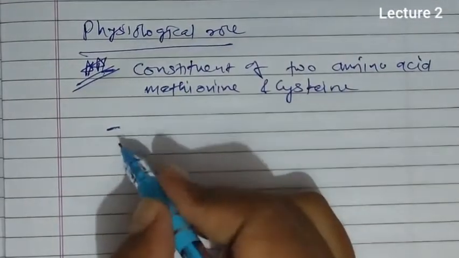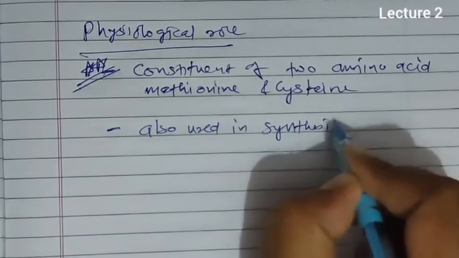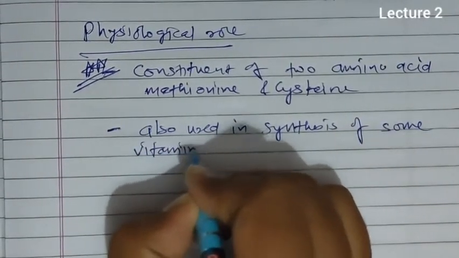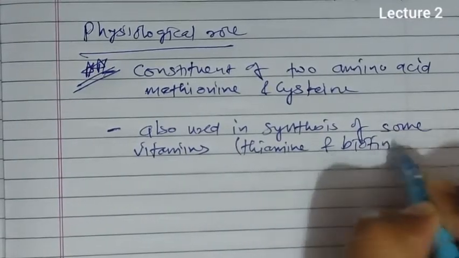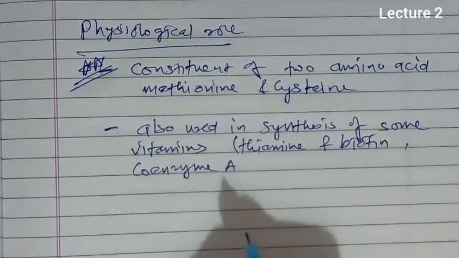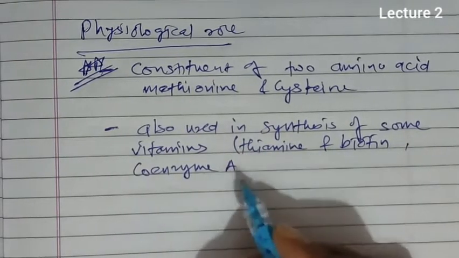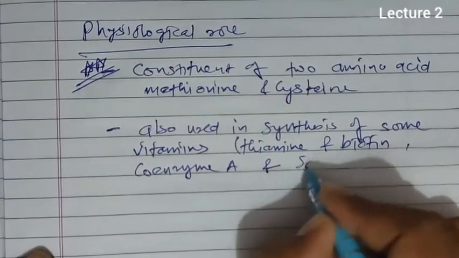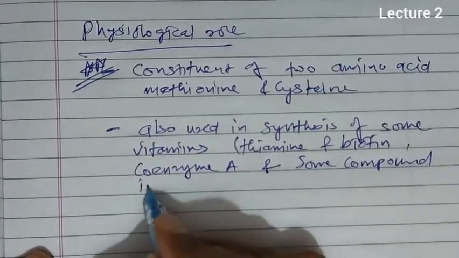Second important point is that it is also used in synthesis of some vitamins, that is thiamine and biotin, coenzyme A, and some compounds involved in various metabolic activities.